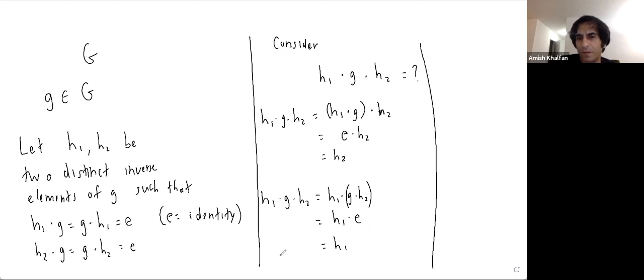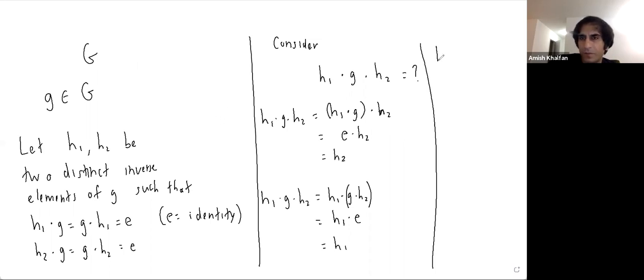Well, now, if you notice, when we first computed the product of the three terms, we obtained h2. We did it the other way, we got h1. But like I mentioned, associativity has to be upheld for any group, right? So these three elements, h1, g, and h2, are elements of our group capital G, and as such, they have to satisfy the associativity principle.